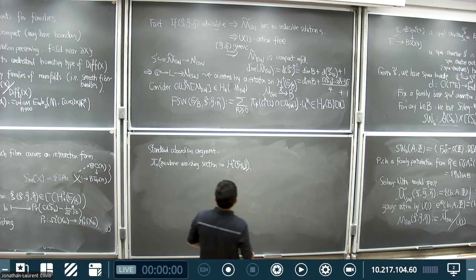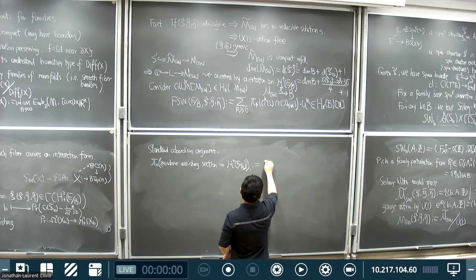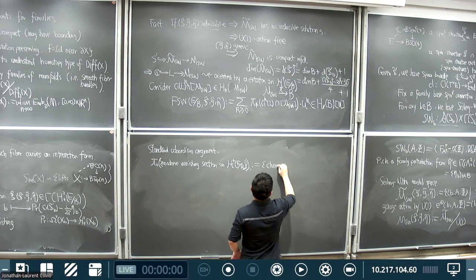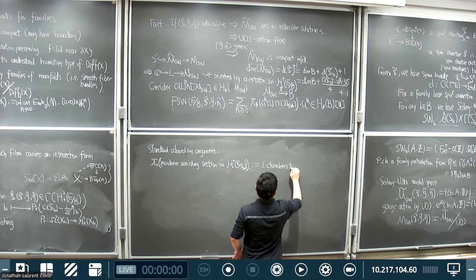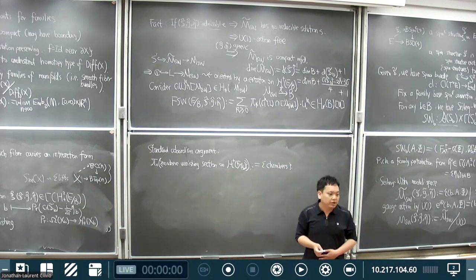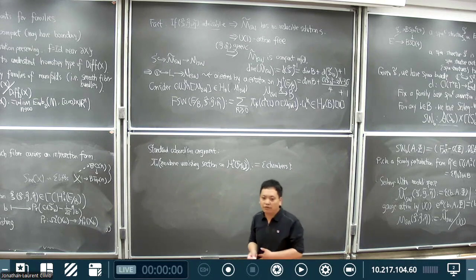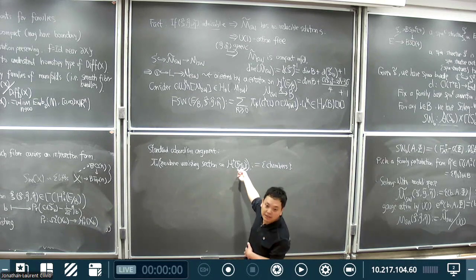This we define to be the set of chambers. In other words, a chamber is just a homotopy class of nowhere vanishing section of the H class bundle.